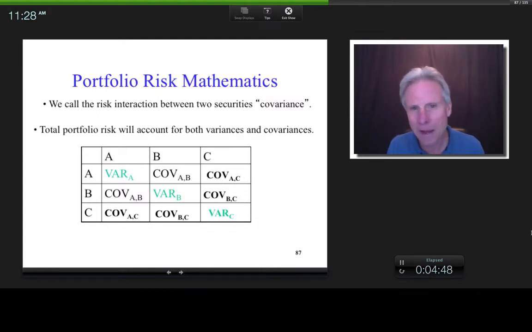And again, just remind me, why are we looking at total portfolio risk? Well, what we're trying to do is, if we can understand total portfolio risk, maybe we can see how much risk any single security, like say IBM, contributes to that portfolio.